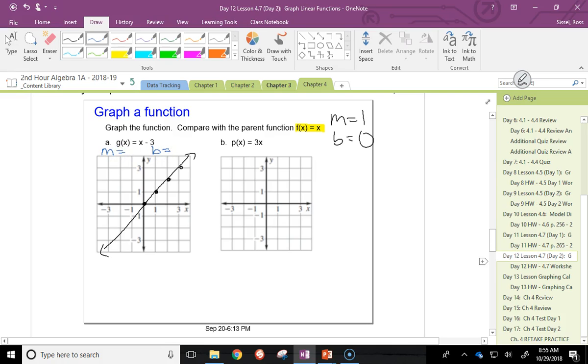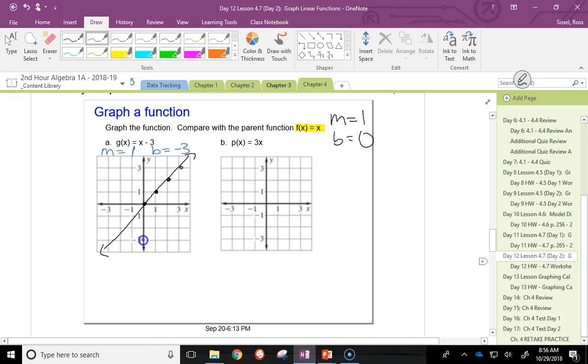Okay, but for g of x, what's our slope? Just 1. And what's our y-intercept? Negative 3. So what's the first point that we plot for g? Negative 3 on the y-axis, so we're not moving on the x.